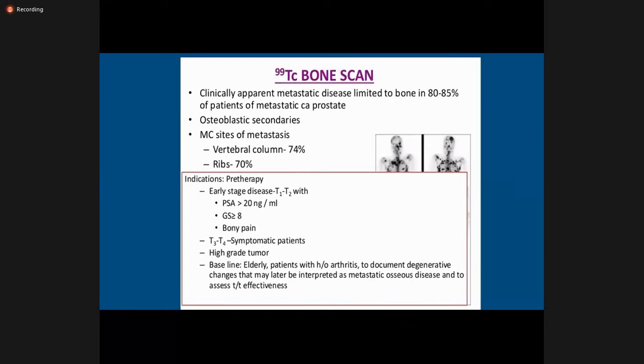If you can see that there are different black dots in their bone parts, this shows osteoblastic activity over there.